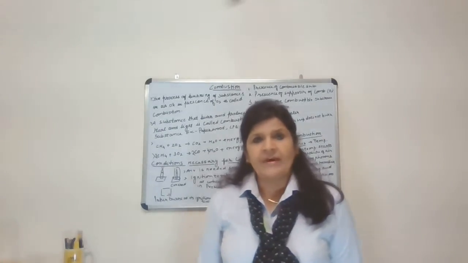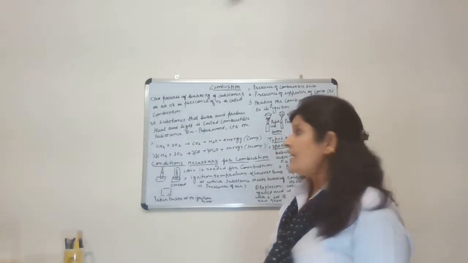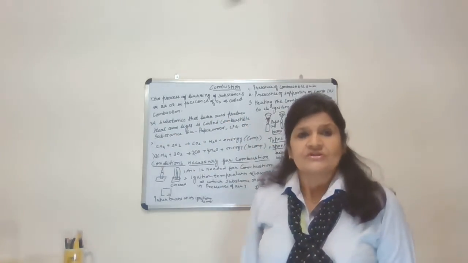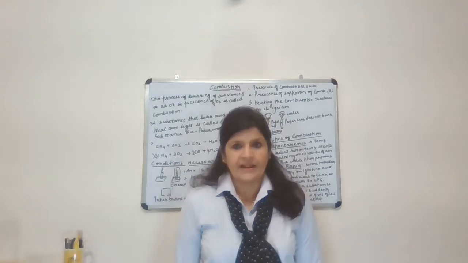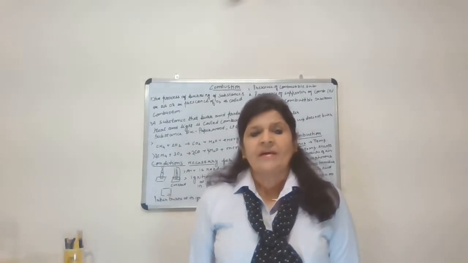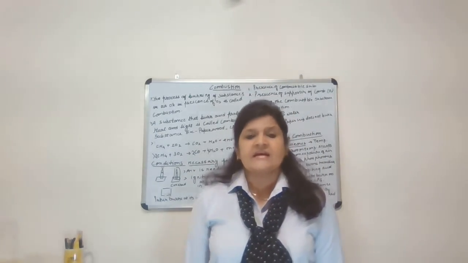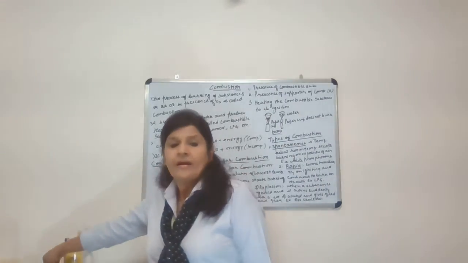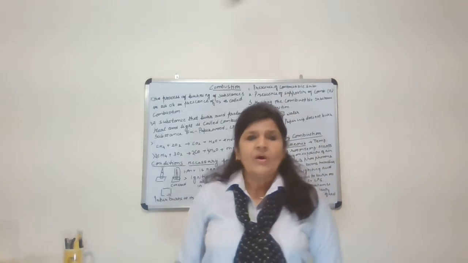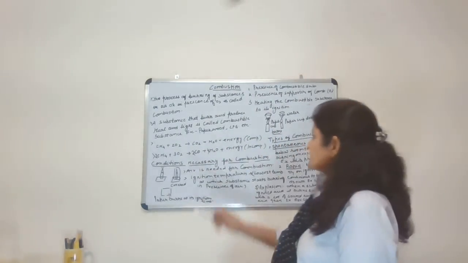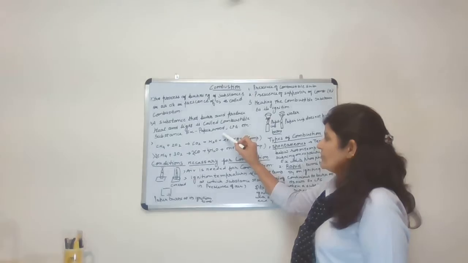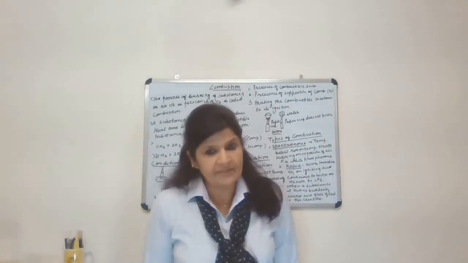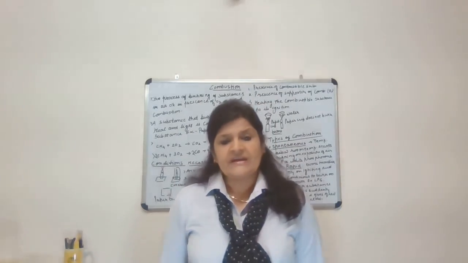The process of burning a substance in air in the presence of oxygen is called combustion. A substance that burns in air or oxygen and produces heat and light is called a combustible substance. Examples of combustible substances are paper, wood, LPG, etc. Now, there are some examples of things you can see around you.